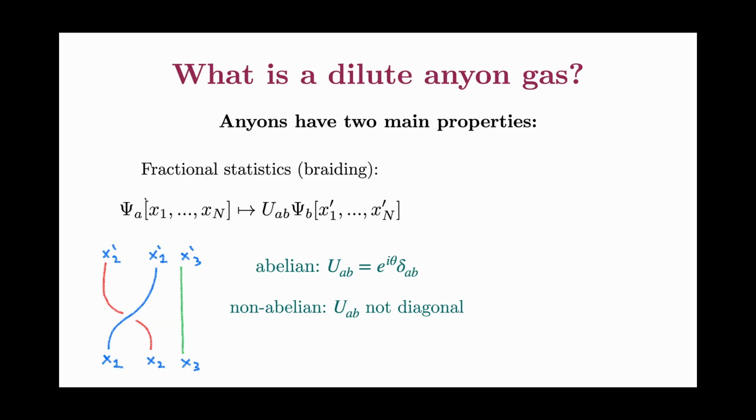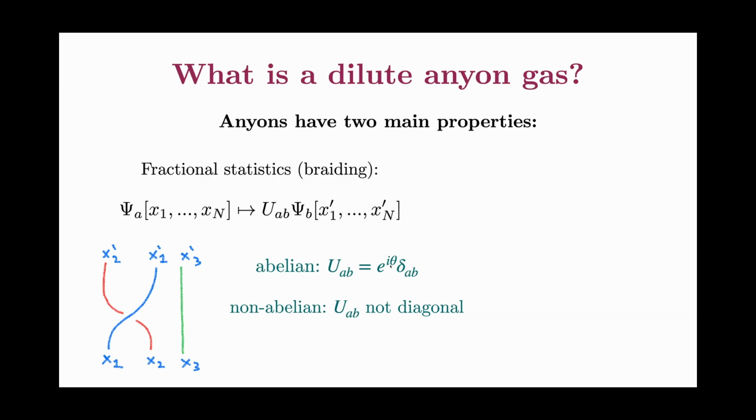So if I have a wave function of many anyons, it looks like this. These x1 through xn are anyon coordinates. My wave function under exchange of different anyons, say a process like what I've drawn in the lower left corner, will change by some matrix U. For abelian anyons, it's just a phase, where the phase is between 0 and 2 pi.